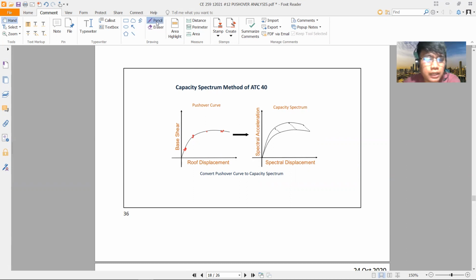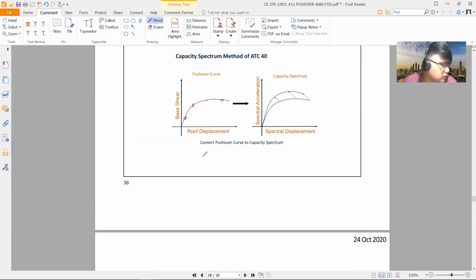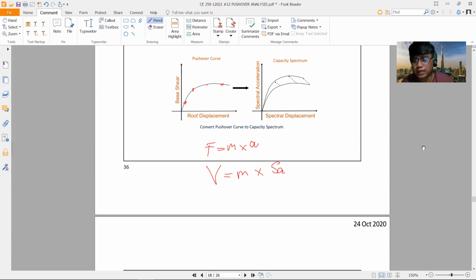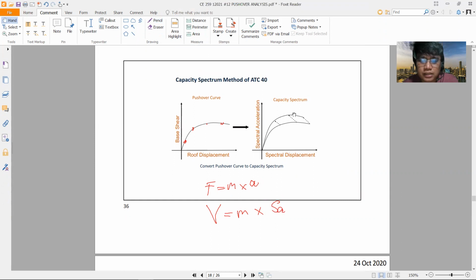I remember the conversion is somewhat equivalent to force equals mass times acceleration, and the base shear is equivalent to mass times the spectral acceleration. So therefore, we can solve for the spectral acceleration. If you notice here, the curve just shifts. Okay, our curve just shifted.